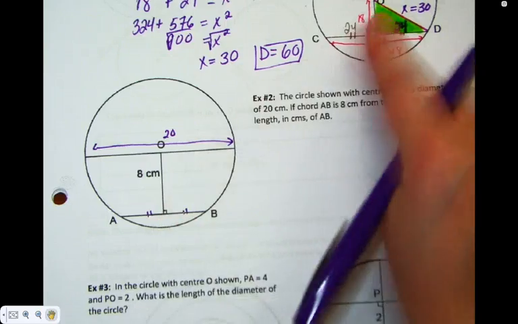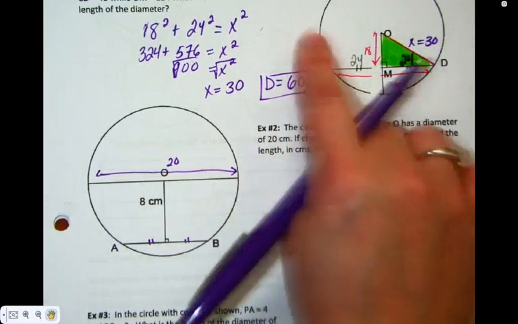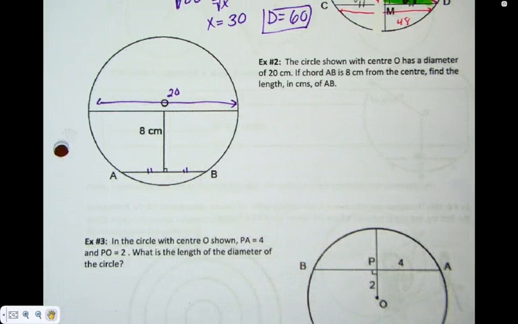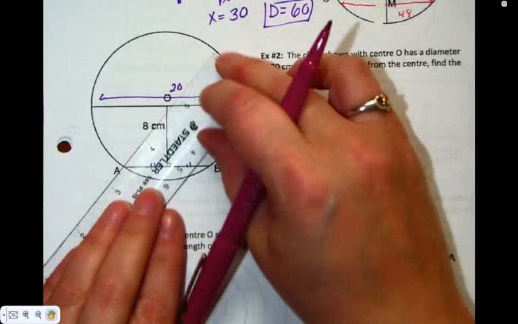So it kind of looks like the diagram above, except it's got a line straight across. What did we do in the last one? We drew a line. Where do you want to draw a line here? A to O or O to B, your choice. Do you want to use A or do you want to use B? Oh, I heard A first.